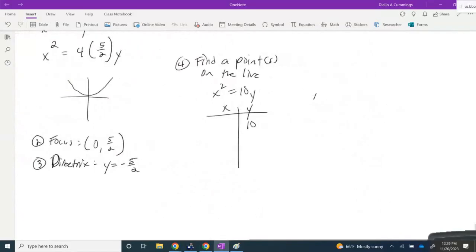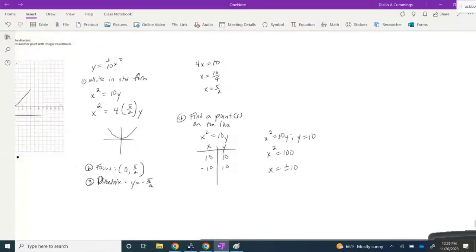So x squared is equal to 100. Then if I use the square root property, x is going to equal plus or minus 10. So I have (10, 10) and (-10, 10). I just want to make sure that these points are on my curve.